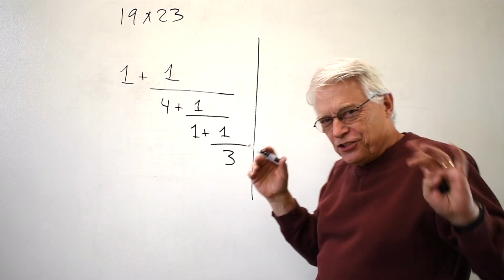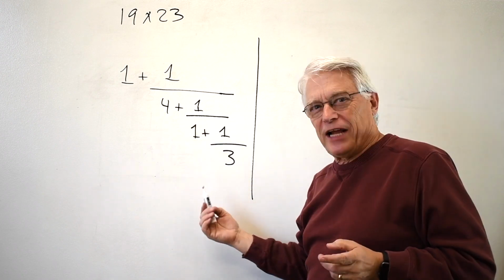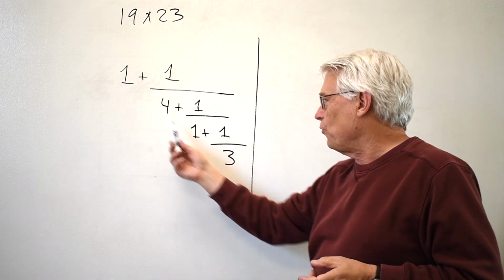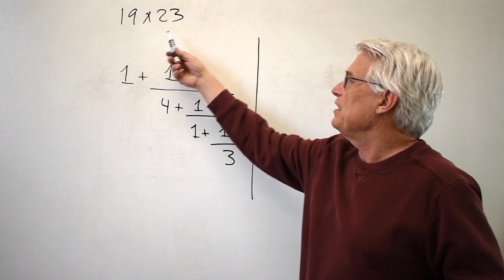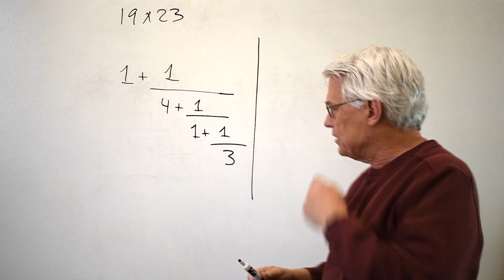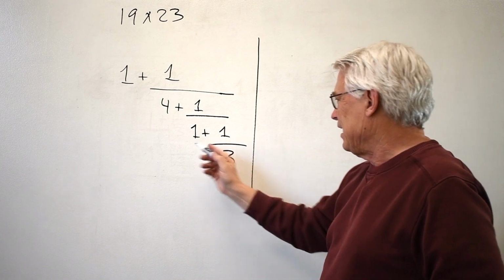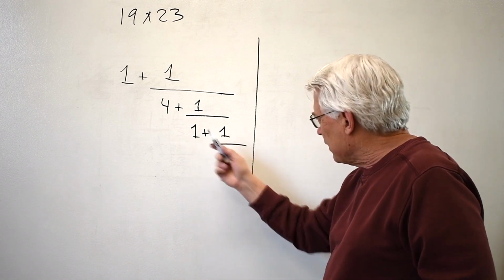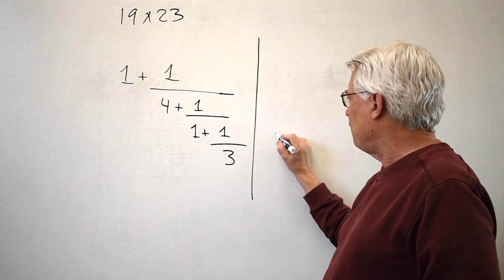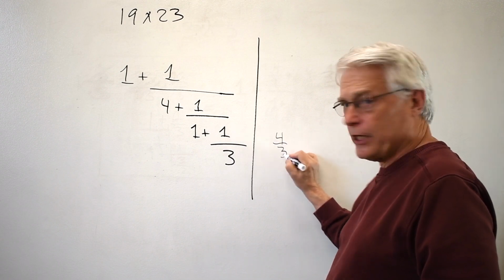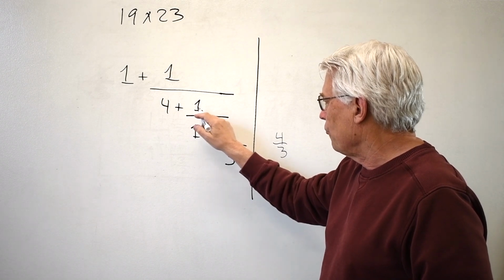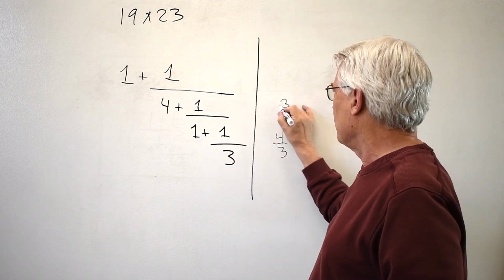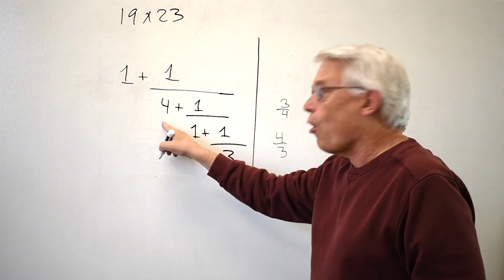All right, so let's check that this repeated fraction works out right. So 1, 4, 1, 3. That's the boxes that we got for the 19 by 23 rectangle. So let's see. 1 plus 1/3. This right here, that's 4/3, right? And then you put that under 1, and you get 3/4 plus 4.